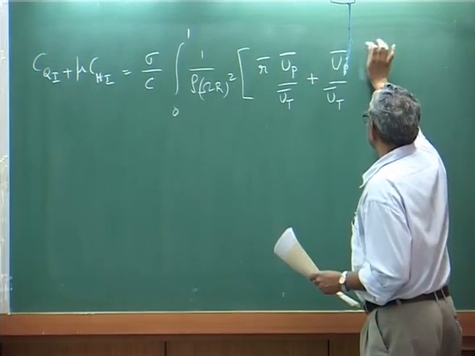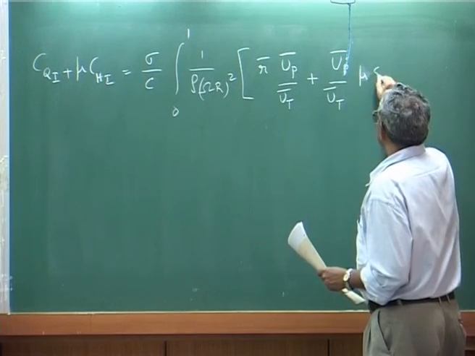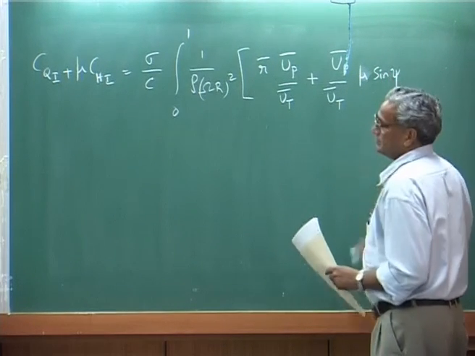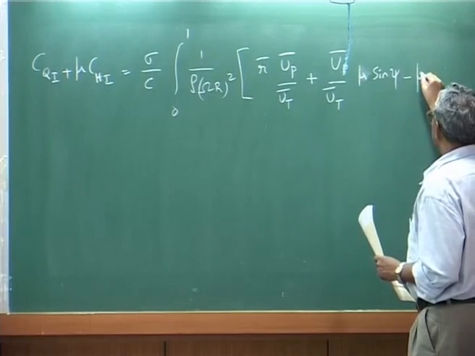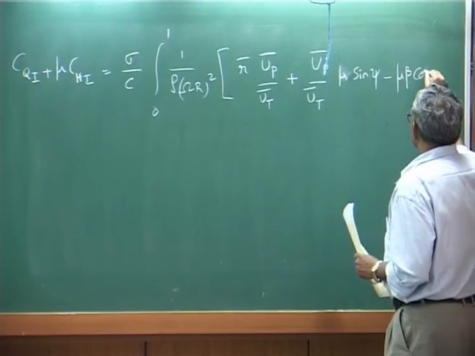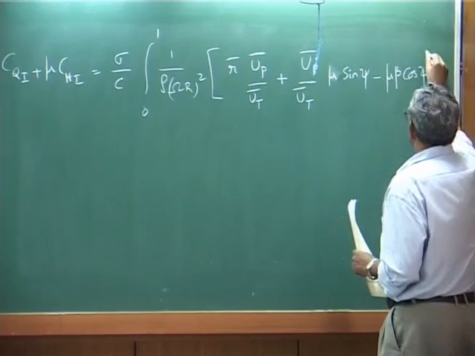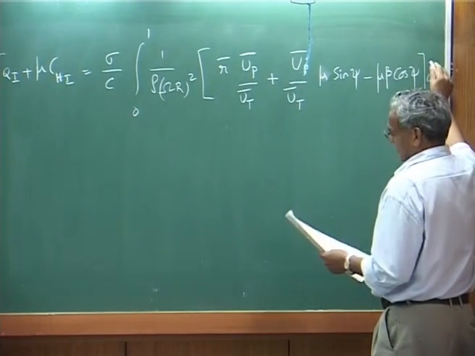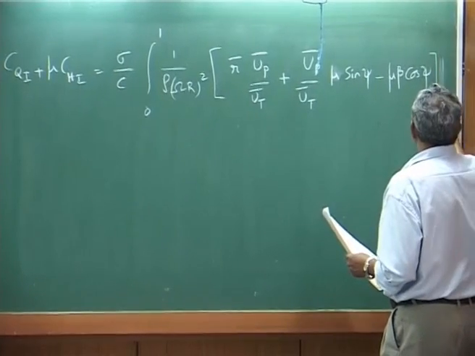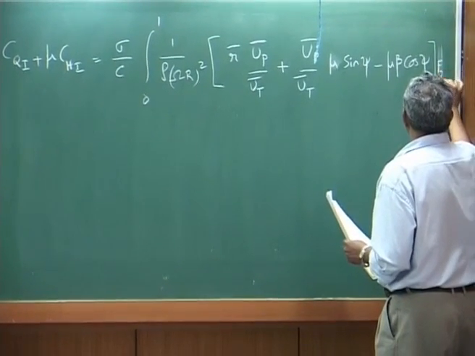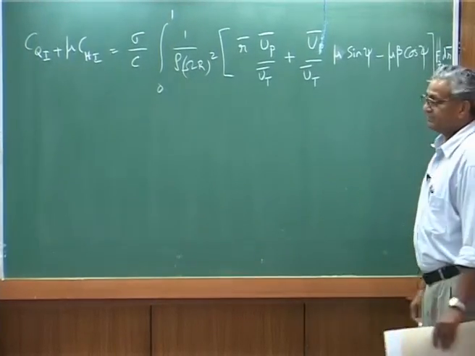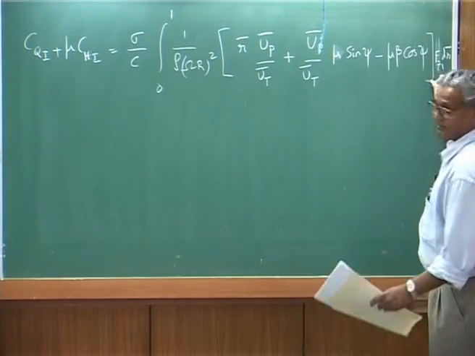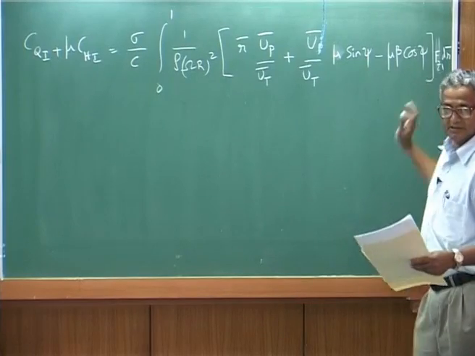So, I will put a mu, then minus mu beta cosine psi d, and fz1 is there, sorry, fz1 dr bar, fz1 dr bar.